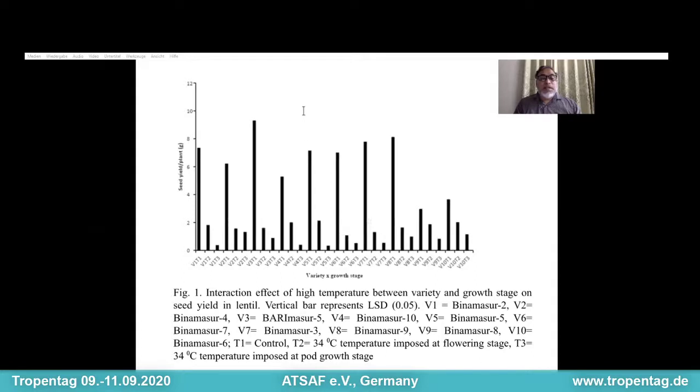Here we can see that high temperature drastically reduced seed yield of all the varieties at any growth stages.